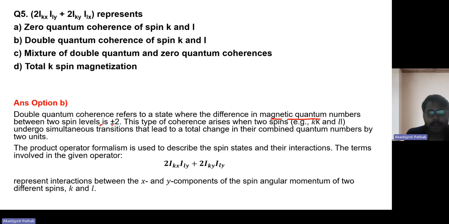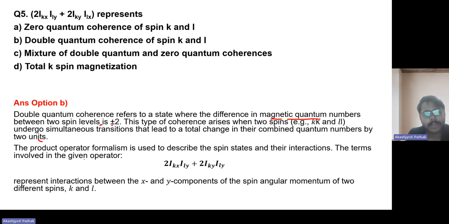Okay. This type of coherence arises when two spins, K and L, undergo simultaneous transitions that lead to a total change in their combined quantum numbers by 2 units. The product operator formalism is used to describe the spin states and their interactions, right?